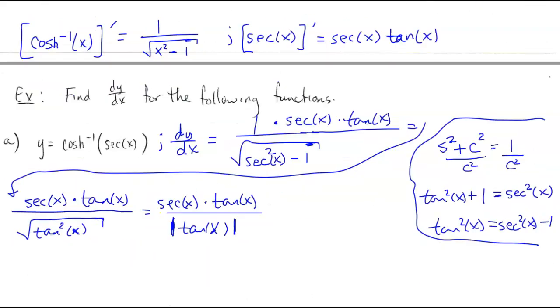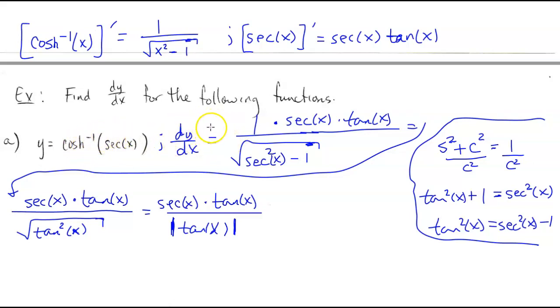So now at this point, we're tempted to just drop the absolute value signs off of this tangent x in the denominator, but we need to be careful about that to make sure that if we drop it, we know for what x values that's actually going to be valid. So in looking at this, what we really need to look at here is what our function looks like after we've taken the derivative of it.